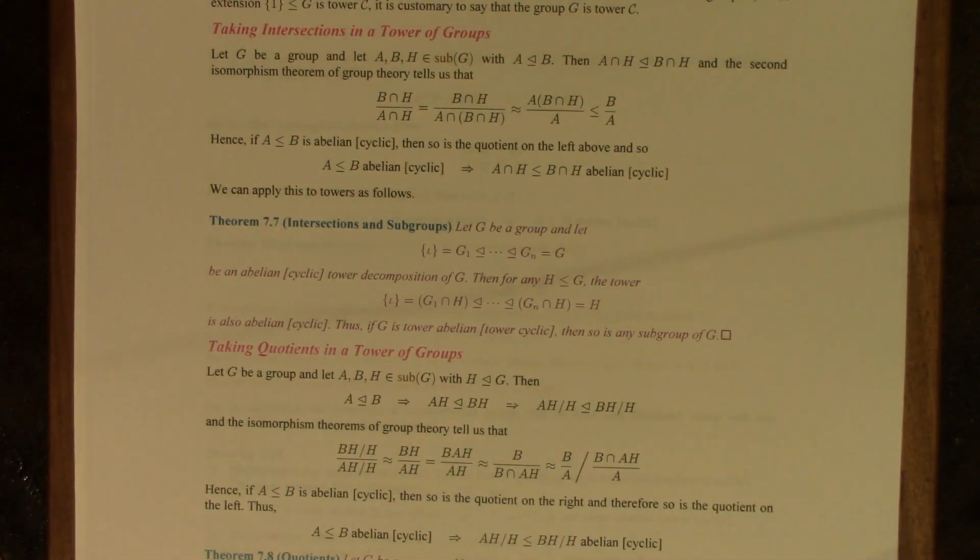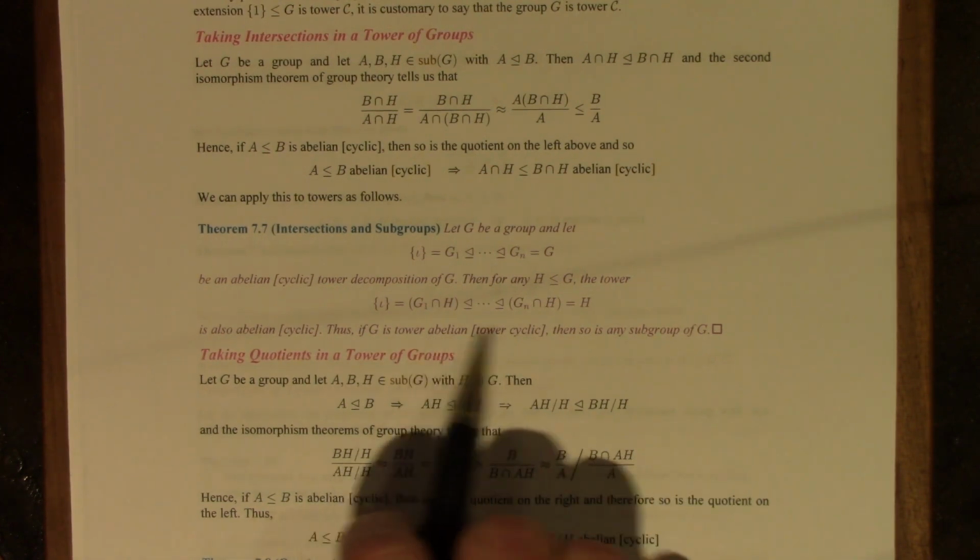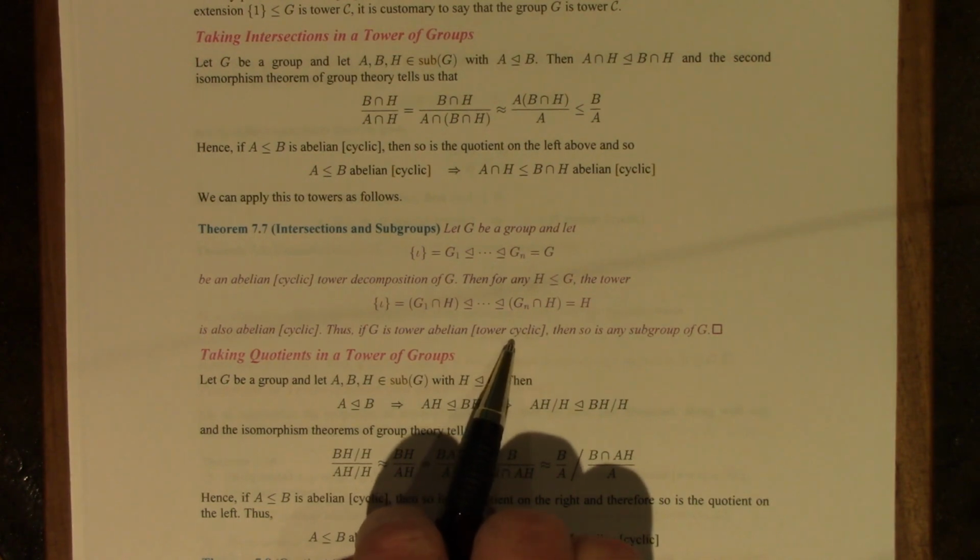I don't know, maybe I should make a comment here. For those of you who have some familiarity with this, you will know tower abelian groups as solvable groups. And I did mention that once some time ago. But in this discussion, I felt it better to continue to use the term tower abelian, especially since its counterpart for cyclic is called polycyclic, but it's a very rarely used term.